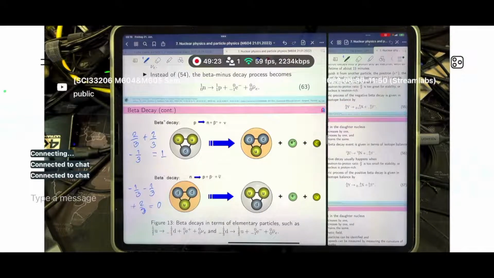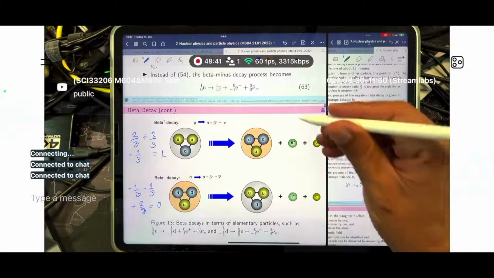And you also get the neutrino, which is a very, very small particle compared to the electron. You could see that the electron is already very small compared to the neutron or the proton. Neutrino here, this one is called electron neutrino.